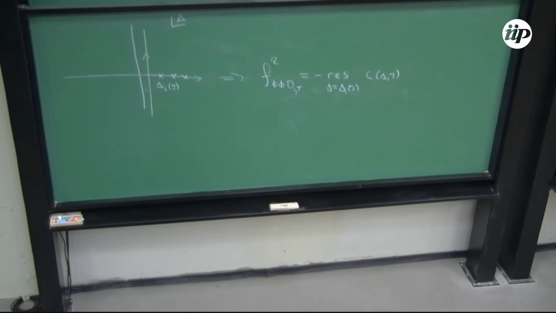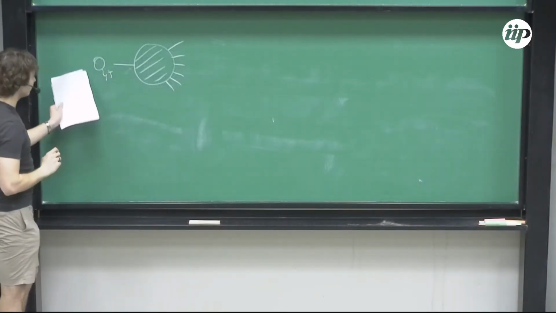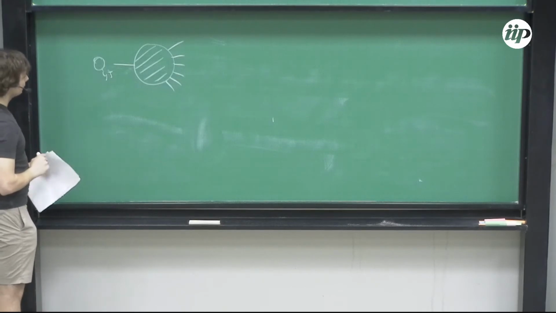you can actually schematically at least write this identity. Suppose you have some large correlation function with a lot of external legs, and you just isolate one of the legs and it's given by some local operator.